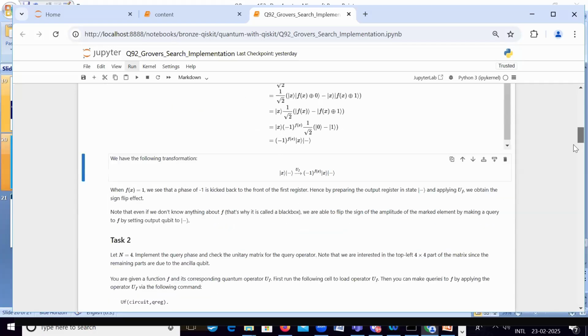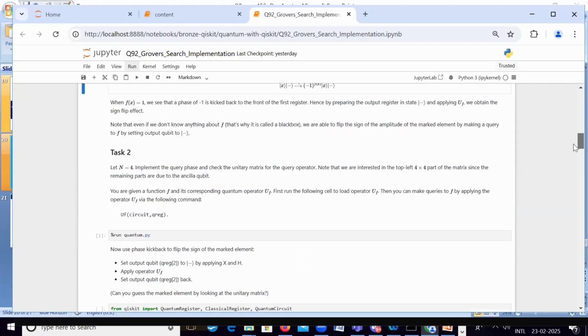Now, proceeding further, when f(x) is equal to 1, we see that the phase of -1 is kicked back. This is the key change we can observe, and it is applied to the front of the first register.